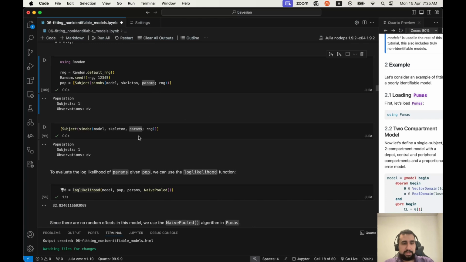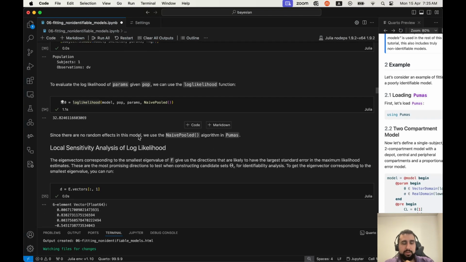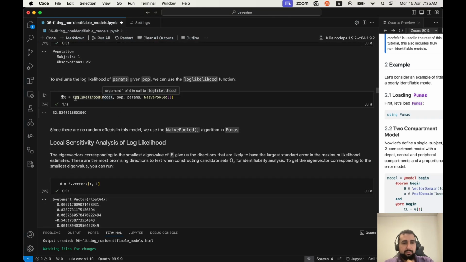And so let's walk through that one step at a time. So first, I'm going to evaluate the log likelihood at theta 0, which is params, and I'm using the log likelihood function, which takes in the model, the data, the parameter values as arguments, and takes in an algorithm for defining the log likelihood.